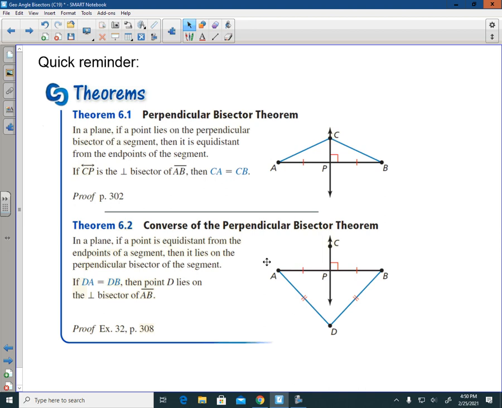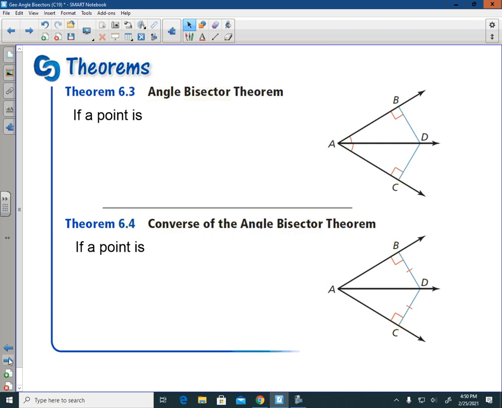We're going to take these two ideas and apply them to angles today, and talk about how we can understand the relationship of bisectors within angles. And that brings us to a couple of theorems, the angle bisector theorem and the converse of the angle bisector theorem. Now, an angle bisector is just like a segment bisector. It cuts the angle exactly in half, and that's what you see in this picture here.